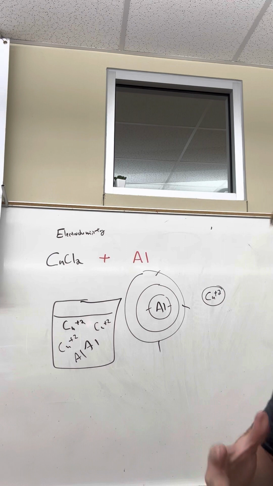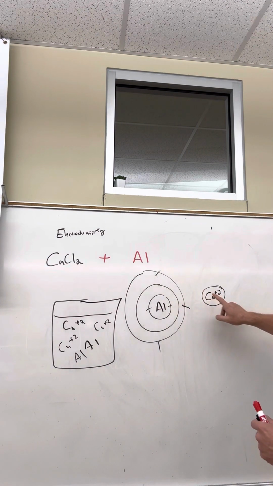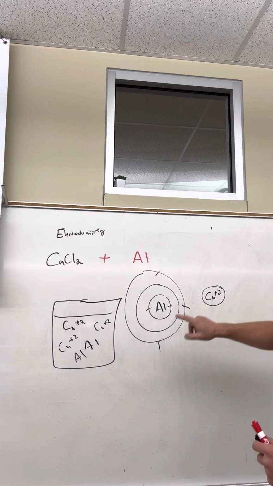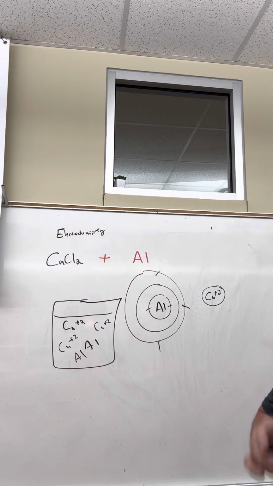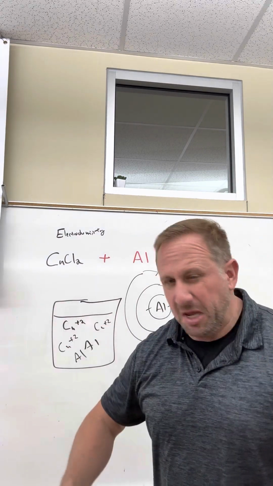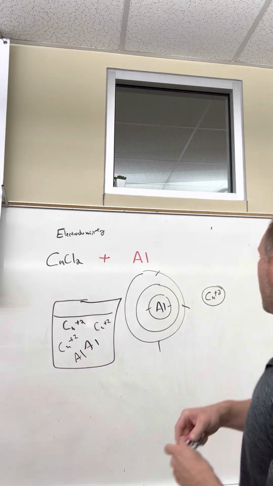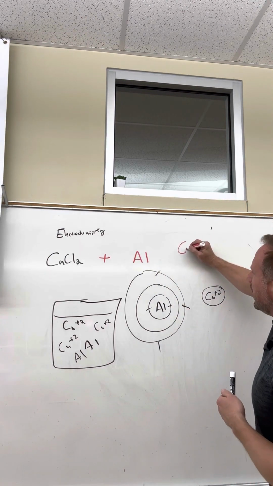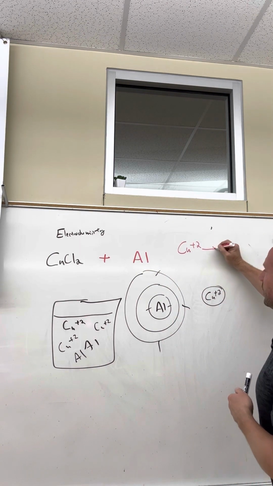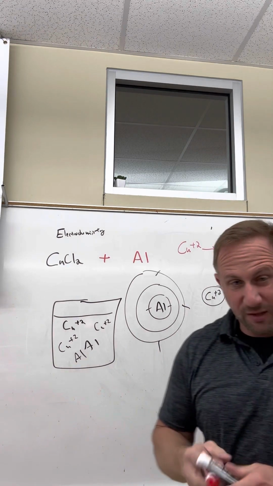And so this copper positively charged ion, positive charge, negative electrons, this copper ion has the actual ability to behave as a non-metal. It can actually gain electrons and go from being a copper positive 2 to a copper 0, to a piece of copper.